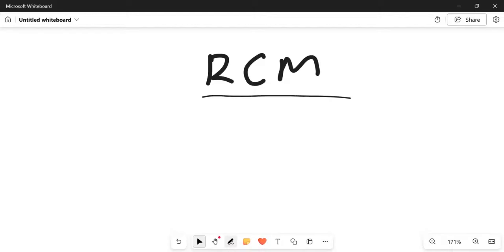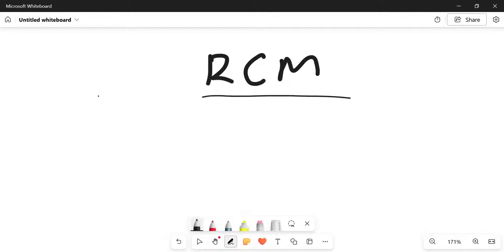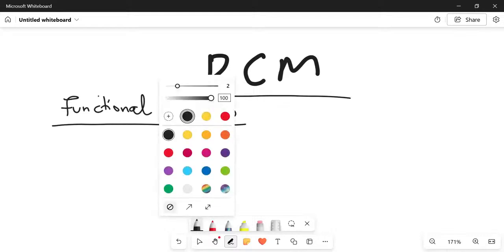You will need to remember this acronym, very, very important for functional budgets. We call them functional budgets. For functional budgets, there are 3 key things that you will have to remember.